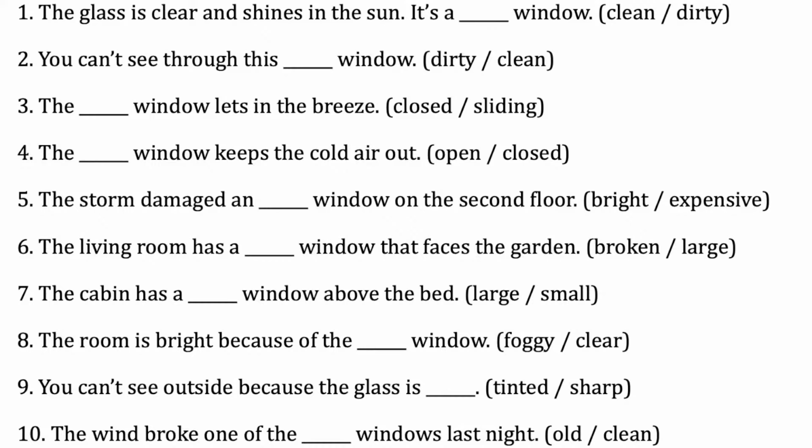Number six, the living room has a large window that faces the garden. Seven, the cabin has a small window above the bed.